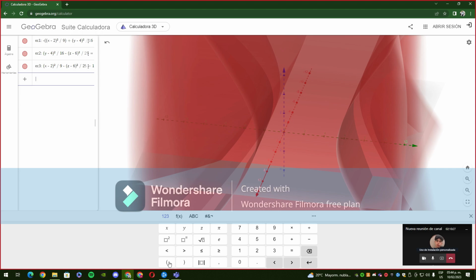(x - 2)² over 9 plus (y - 4)² over 16 equal 1.